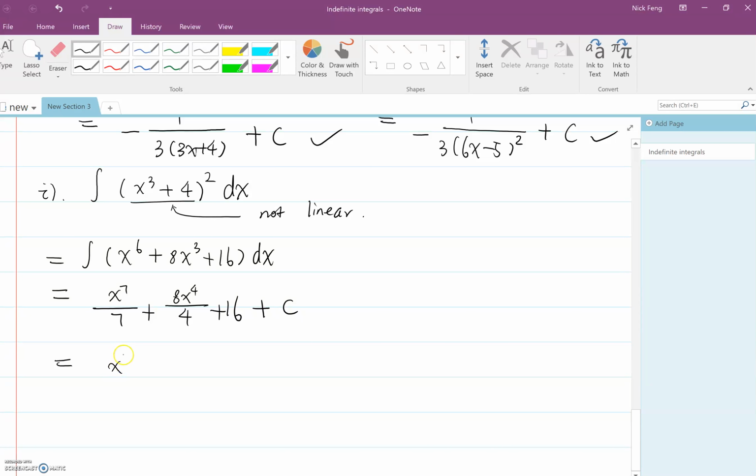And then give you x to the power of 7 over 7 plus 2x to the power of 4, and then plus 16x. Oh, it wasn't x before. That's a mistake. Hopefully some of you have spotted it before.